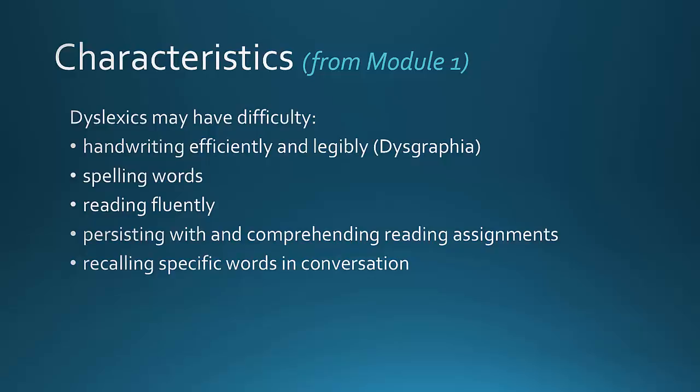You might notice that in classroom activities, your dyslexic students have difficulty recalling a specific vocabulary word or using specific vocabulary, sometimes substituting words with pronouns. And you might notice in your content area classes that students have difficulty learning new vocabulary. All of these could be indicators that the student has a neurobiological condition known as dyslexia. Be on the lookout for students who may be exhibiting some of these difficulties, and then move toward having that child referred for evaluation.